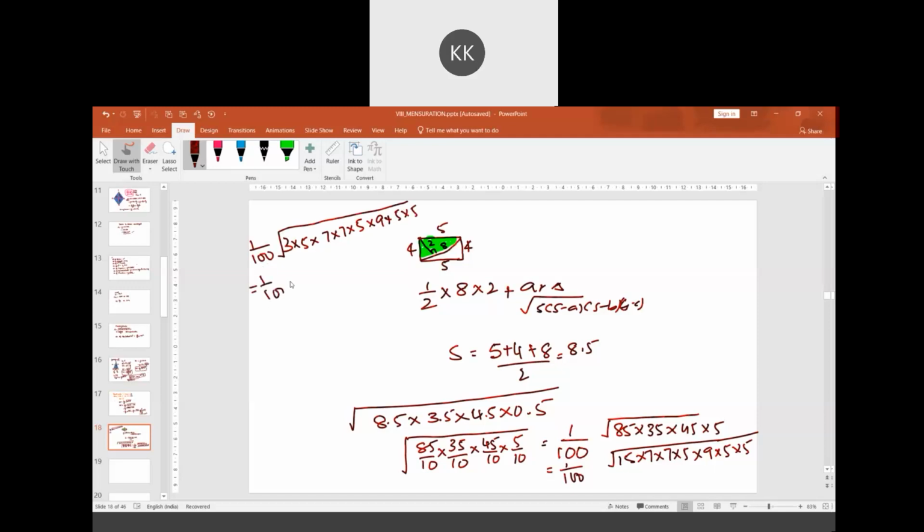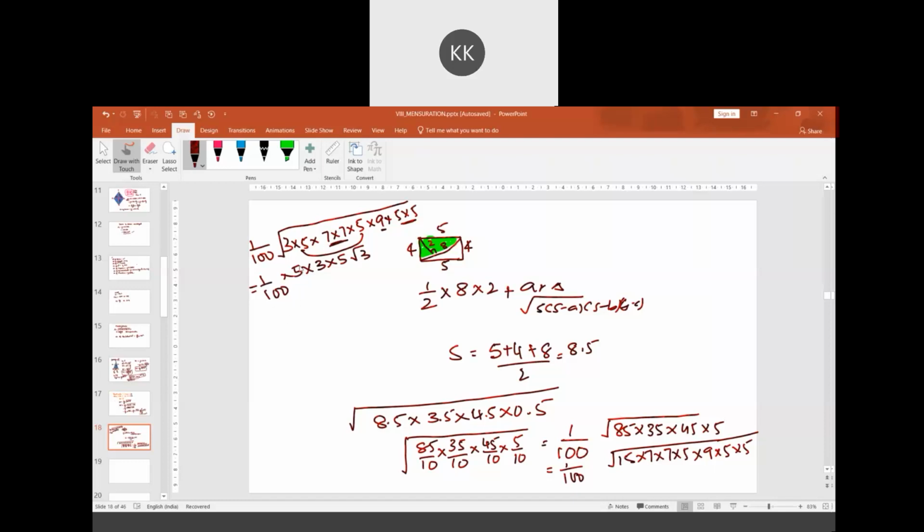This is a square, 7 square, 9 is a square, 25 will come out. 5 square is a square number. From the square numbers, I can take the things out. One of the 5 is taken out, 3 is taken out, 5 is taken out, root 3 remains.